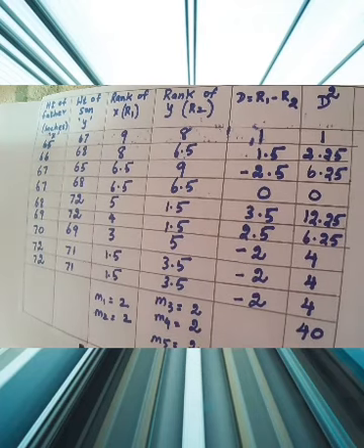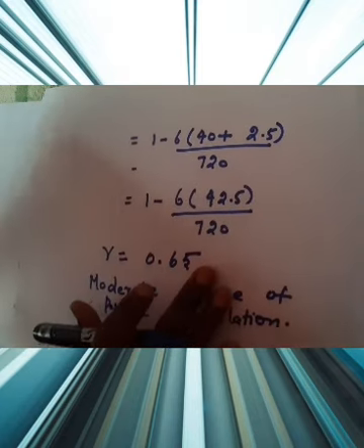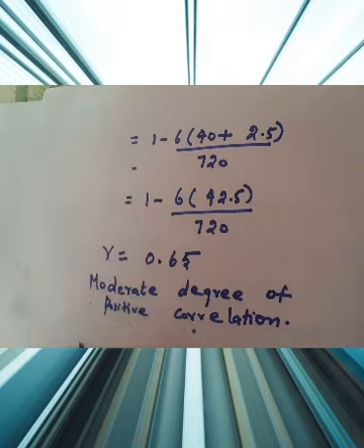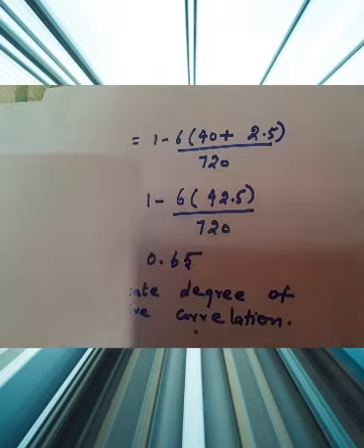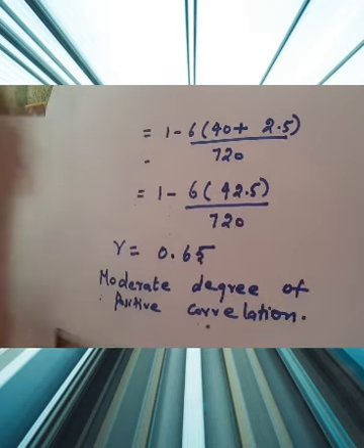Just see how the ranking is being given, then substituting in the formula, and we get the final answer. It's an approximate answer, students. I hope you understood the concept of Spearman's rank correlation when there is a tie.